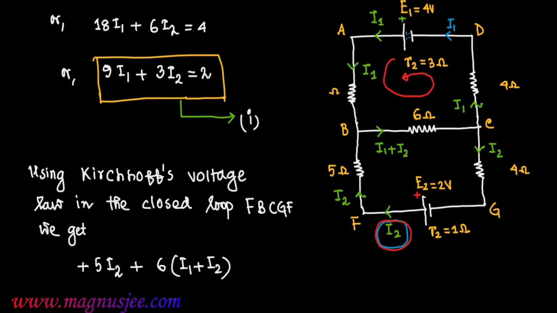The potential difference across the 5 ohm resistor in the closed loop FBCGF is positive, and similarly the potential difference across the 6 ohm resistor in the closed loop FBCGF will again be positive.